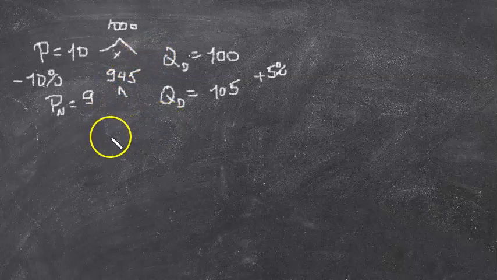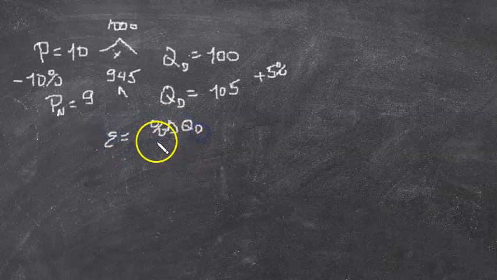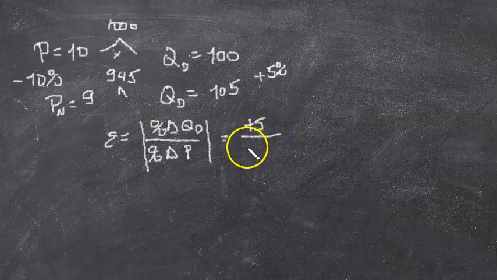Now we can see this also if we measure elasticity. It's the percentage change in the quantity demanded divided by the percentage change in price, and we take the absolute value of this. Here we have plus 5, and here we have minus 10, or 1/2, which is less than 1.